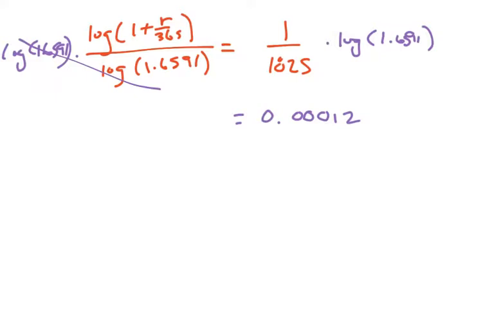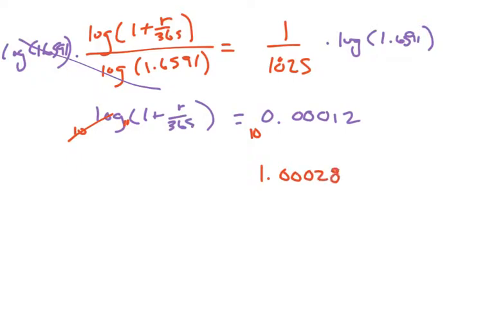Alright, and then log of 1 plus r over 365. So to stop this, we're going to take a 10 to the, which means it's going to cancel those 10s in the logs, and so 10 to this piece leaves us with 1.00028, and then 1 plus r over 365.